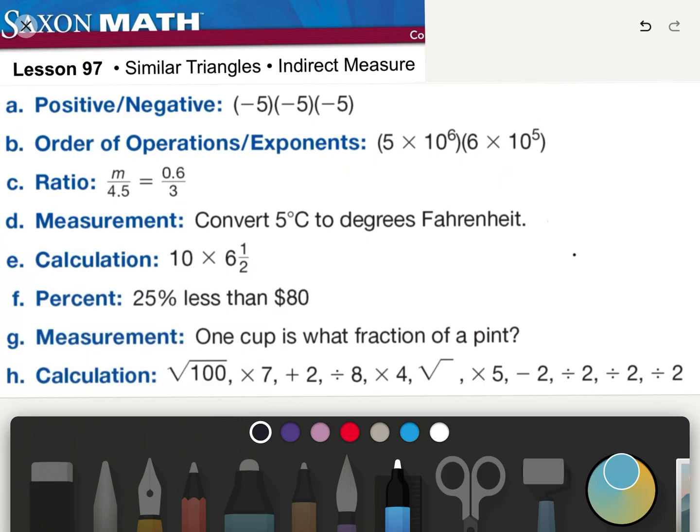Convert 5 degrees Celsius to Fahrenheit. So we multiply by 1.8 and then add 32.